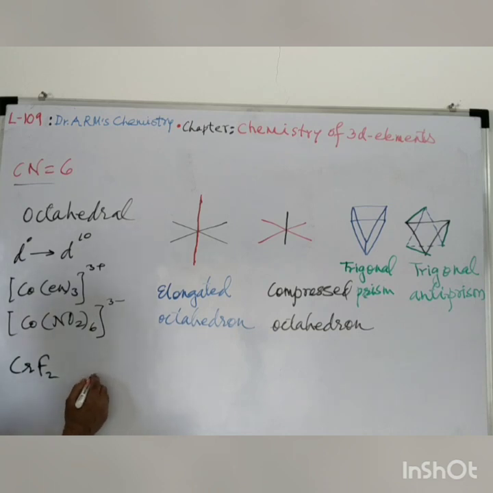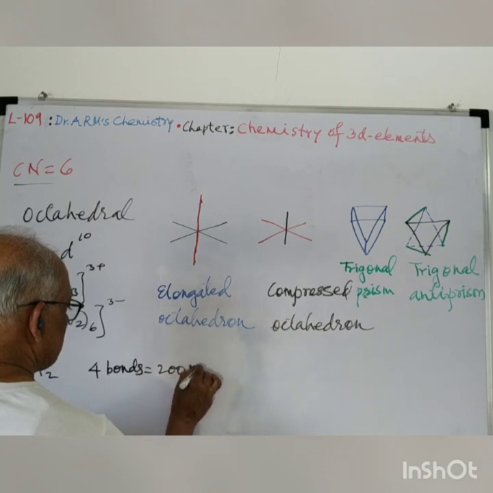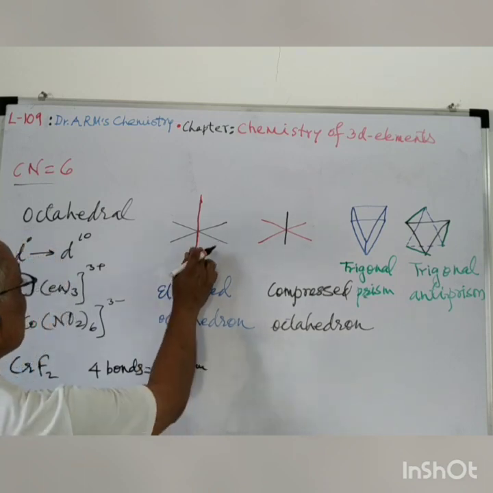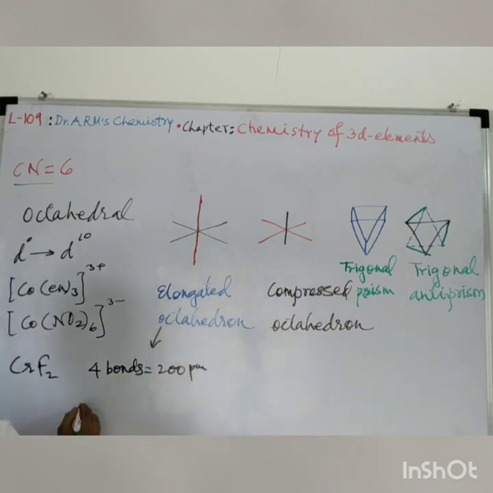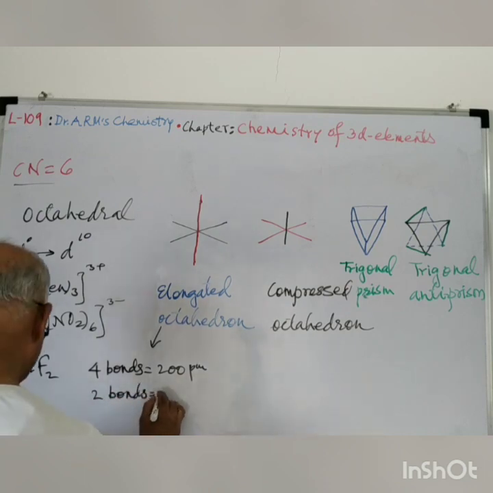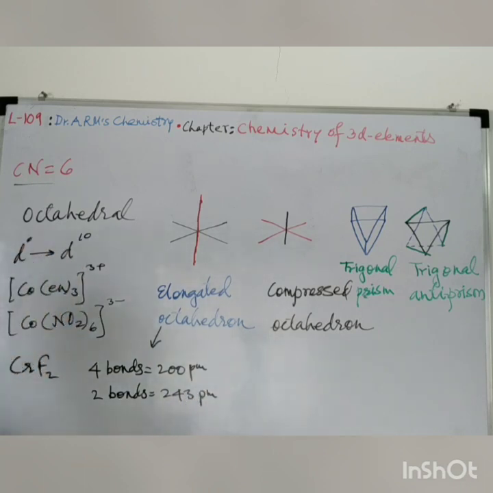Here the four bonds have 200 pm. These four bonds have 400 picometer distance, and two bonds have 243 pm. So this gives the elongated structure examples.